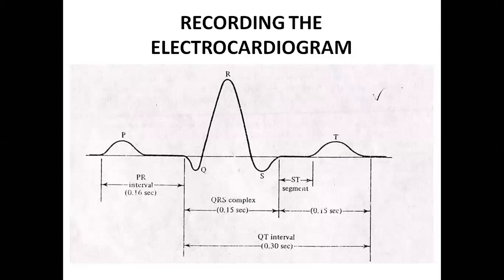Now, suppose today I am not feeling well. I went to the diagnostic center to check my health condition, and it was seen that the PR interval has changed to 0.14 second, and the ST segment, or better say QT interval, comes to 0.40 seconds.